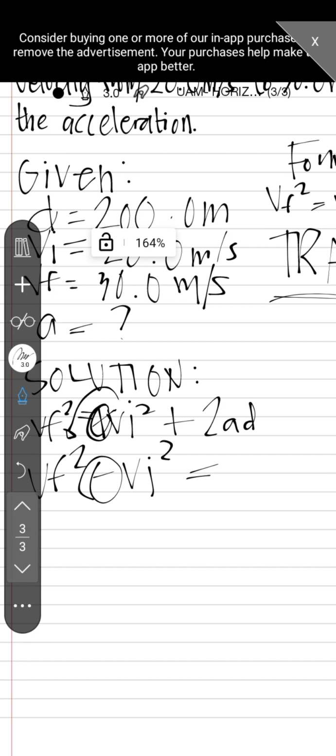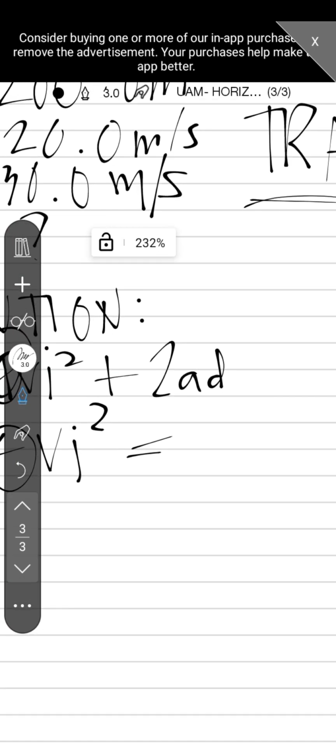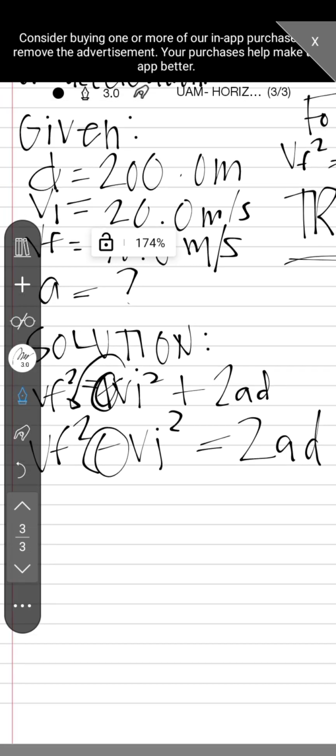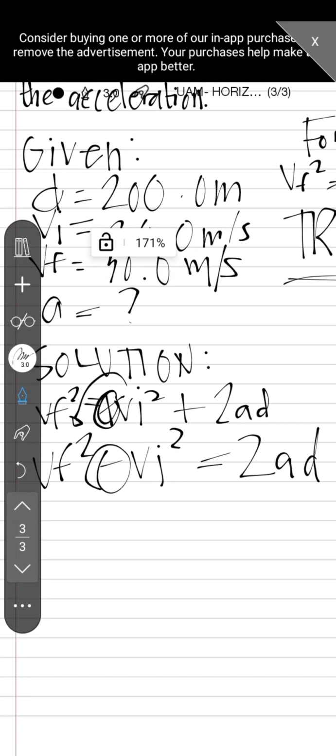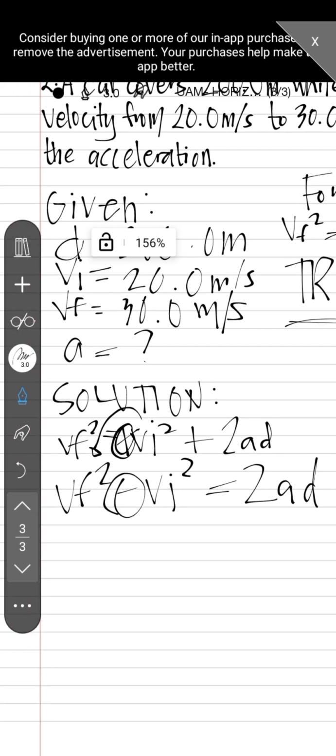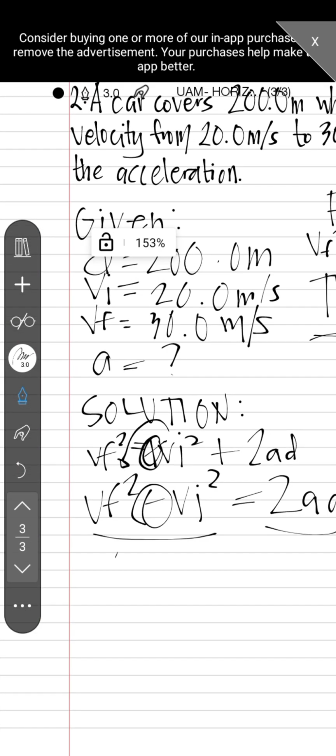Vi. And take note that in transposing, when you transpose a value, it will change signs. For example, here, since initial velocity is positive, when we transpose it, it's gonna be negative. So we now have final velocity squared minus initial velocity squared is equal to 2ad.